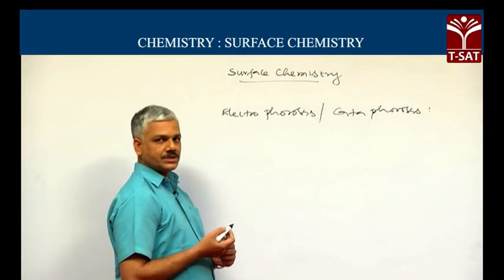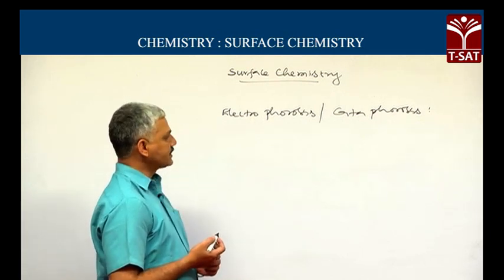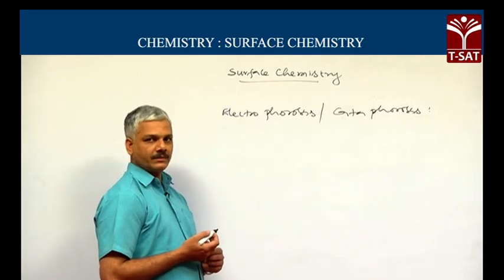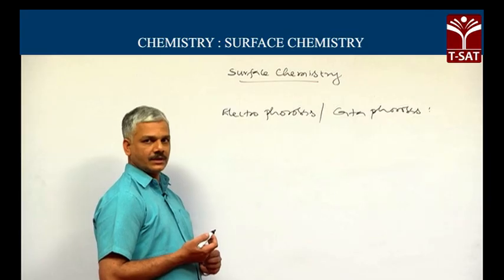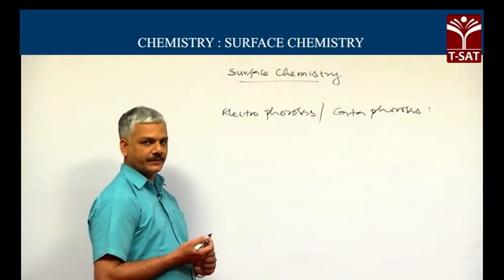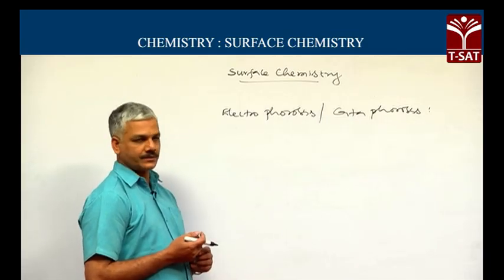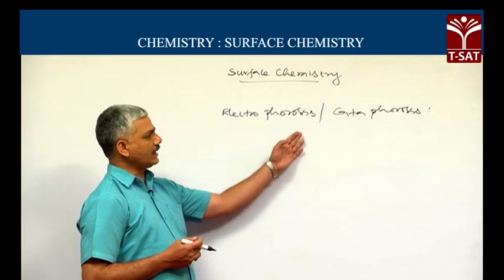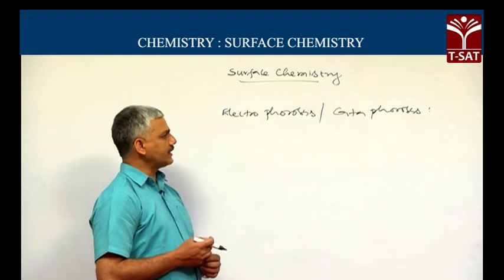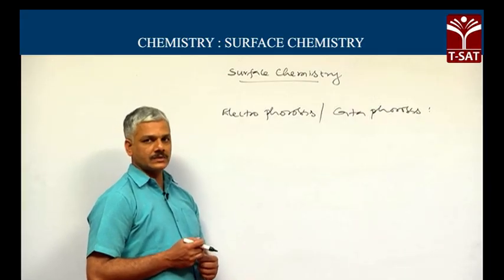Because of the charge accumulated by the colloidal particles in the presence of external electrical field, the colloidal particles will migrate either towards anode or towards cathode depending on the charge present on them. This movement of colloidal particles towards corresponding electrodes is known as electrophoresis or cataphoresis. This method can be used for the purification of colloidal solutions.